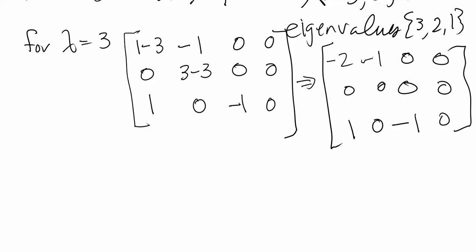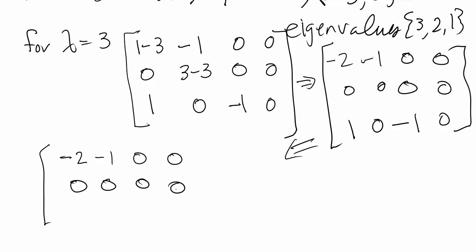We can go ahead and apply Gaussian elimination to this, and when we do that, we would take the first row and keep it the same, minus 2, minus 1, 0, 0, and we'll keep row 2 as it is, and to get rid of the 1 at the start of row 3, we're going to take 1/2 of row 1 and add it to row 3 and put that sum here.